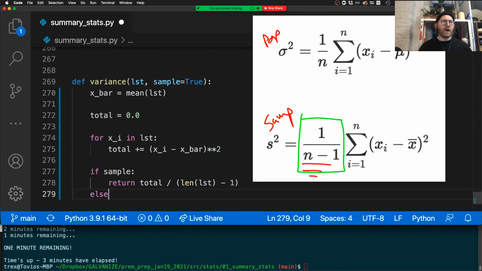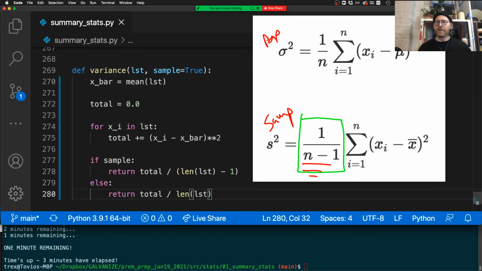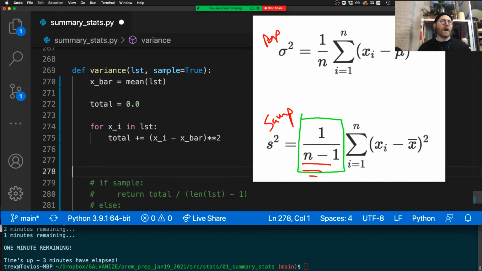And in all other cases, if it's a population, we can return the total divided by the length of the list. So cool thing about Python, and this is something we call syntactic sugar, I can instead just return the total divided by the length of the list minus sample.